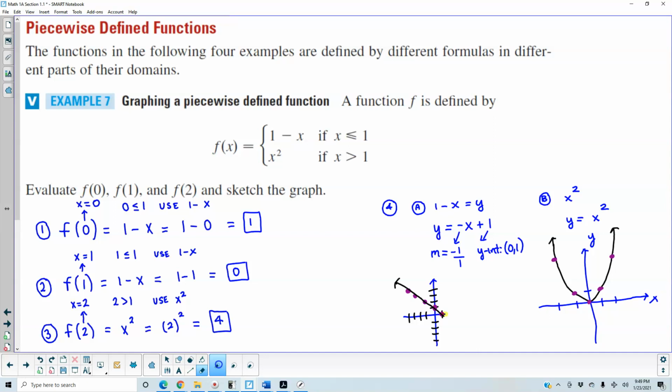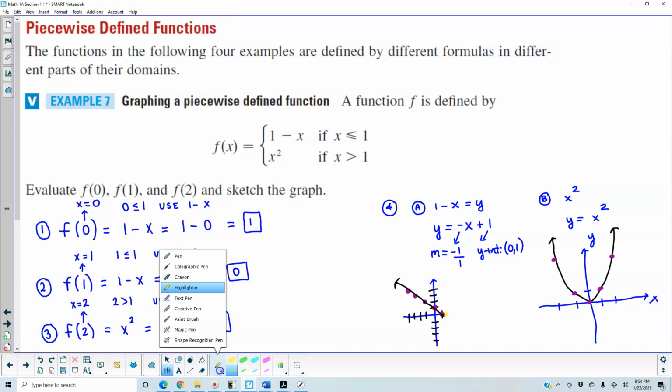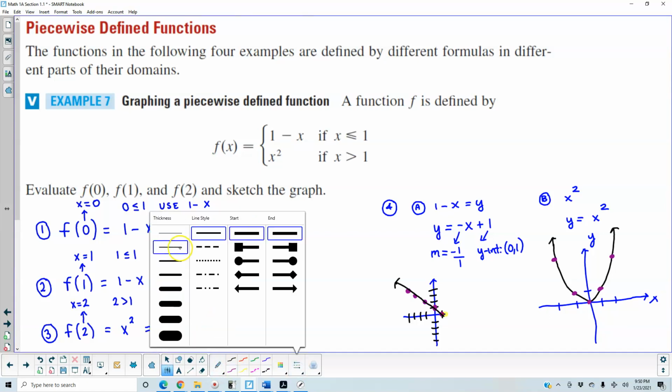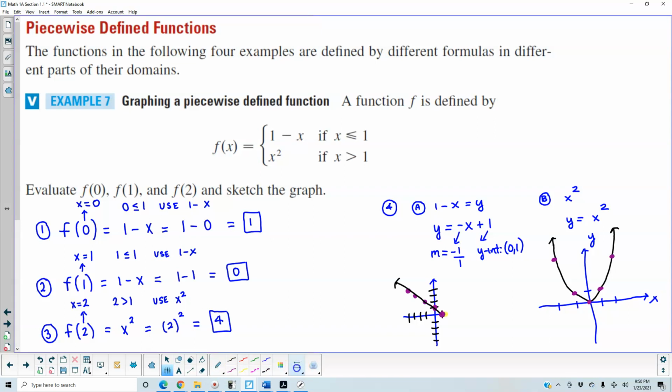So what does that mean? That means that I should have a graph here with a solid dot and a line going in that direction. Next, we want to take a look at the other one. The other one says it has to be greater than 1, so it can't be equal to 1.